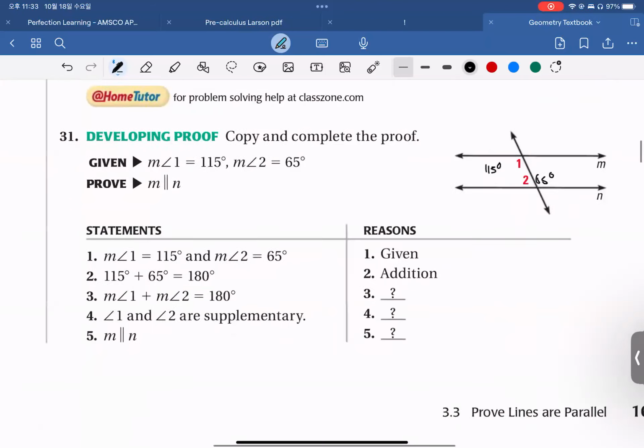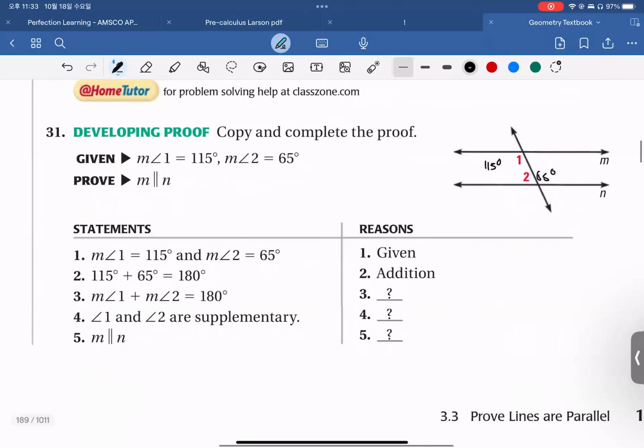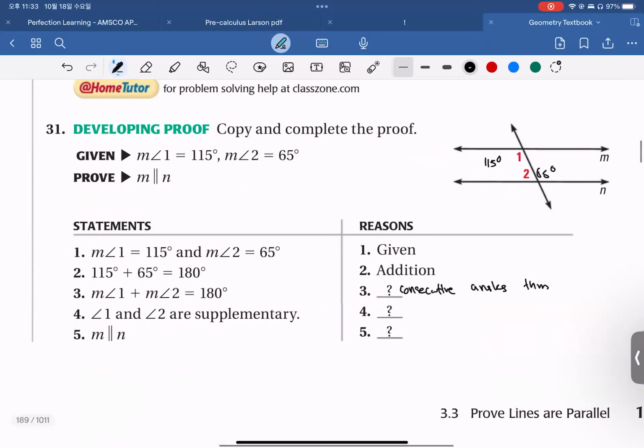First we know measure angle 1, by the consecutive interior angles theorem, and they're supplementary, by the definition of supplementary angles.